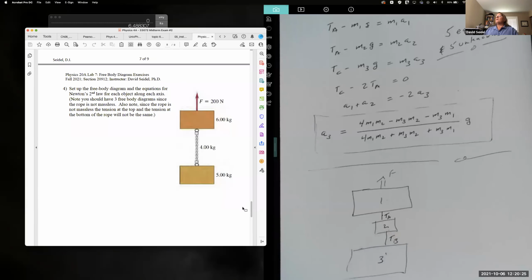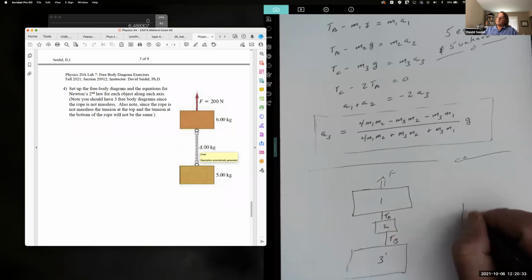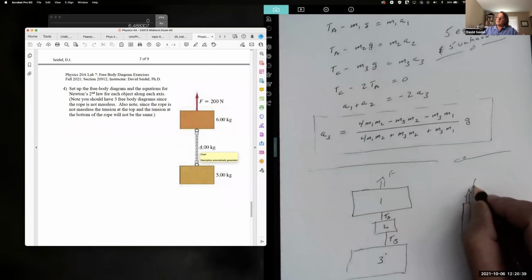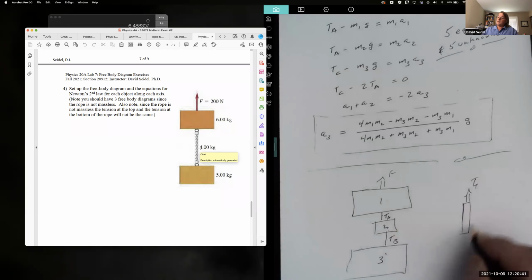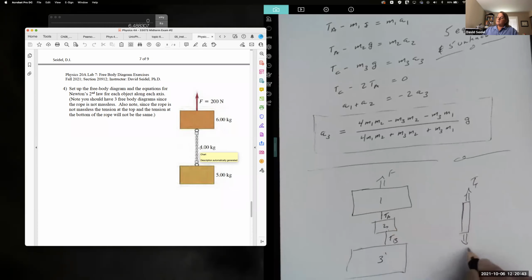So think about what a problem with a block of mass M means. Don't give me what block 2 is, but give me, for a rope, what T top is and T bottom is.